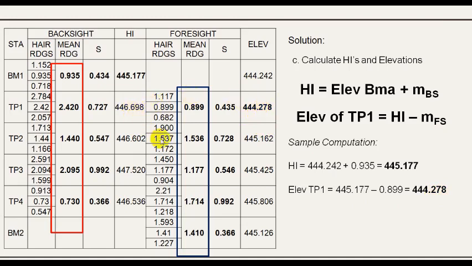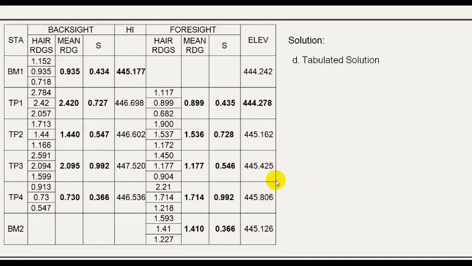So, same concept for the other stations to get our height of instrument and elevation. Okay, then we complete our three-wire leveling notes.